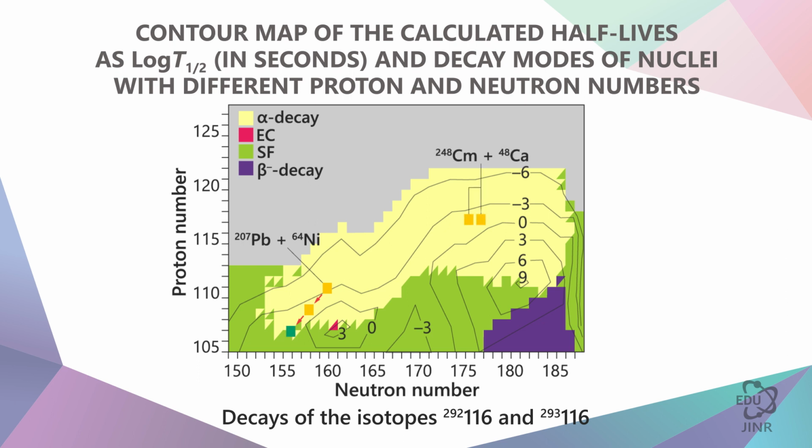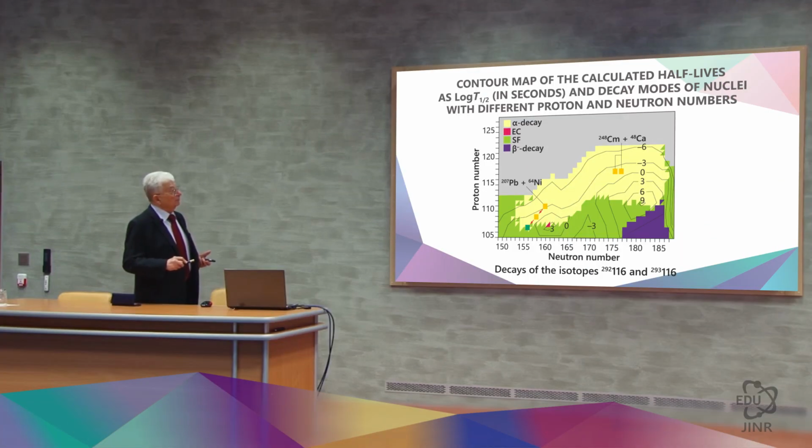Now we are able to obtain a compound nucleus by taking the heavy isotope of curium, namely curium-248 and calcium-48, resulting in isotope 296. We obtain proton number 116. By the emission of 3 neutrons, we obtain isotope 292, and by the emission of 4 neutrons, isotope 293.